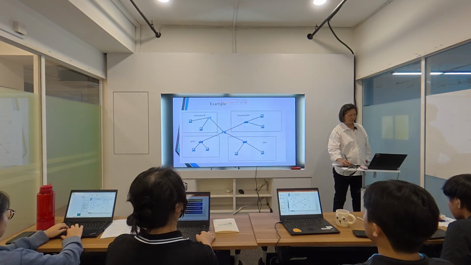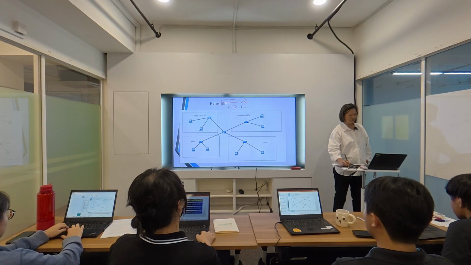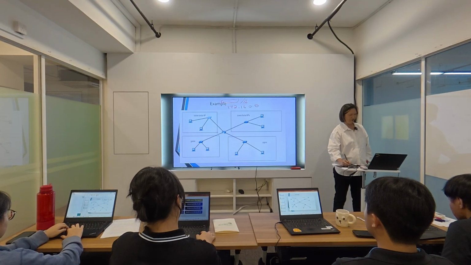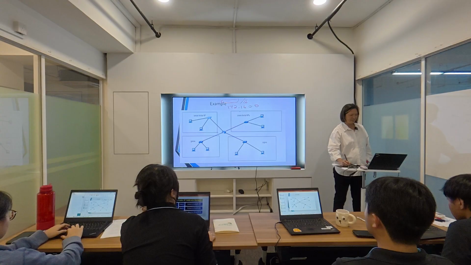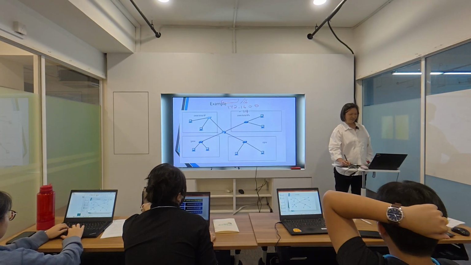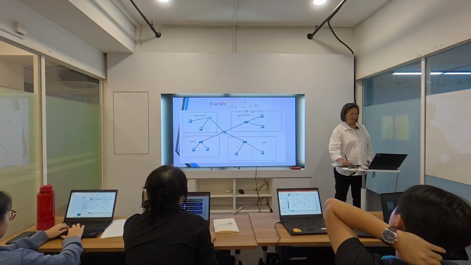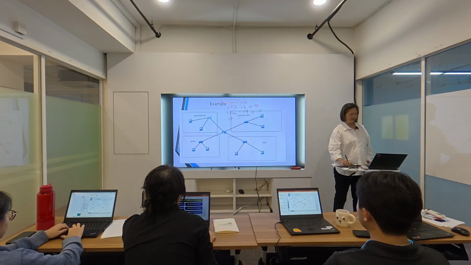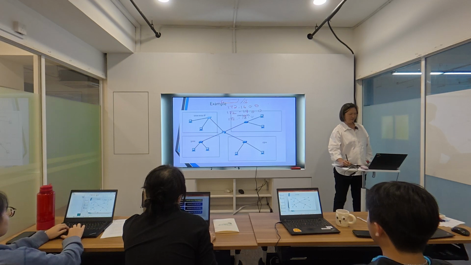So 172.16.0.0, the first subnet block. Now the next subnet block is 17, right? And then the next subnet block will be 18.0.0.